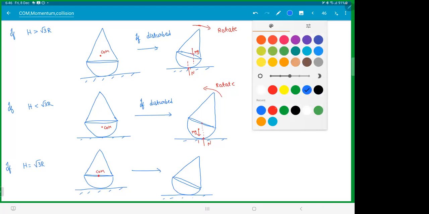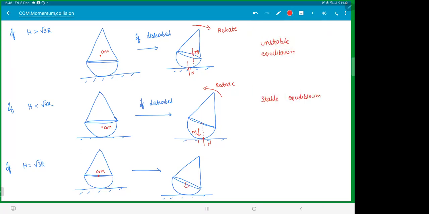If you disturb this, mg is like this, N is also exactly like this. They're passing through the same point. There's no rotation, it just stays there. What kind of equilibrium is this? Neutral equilibrium. Neither comes back nor goes away.